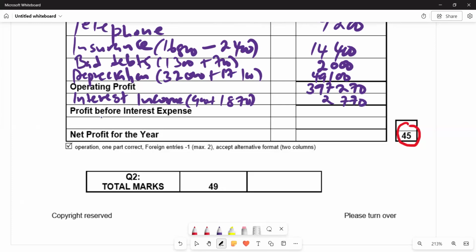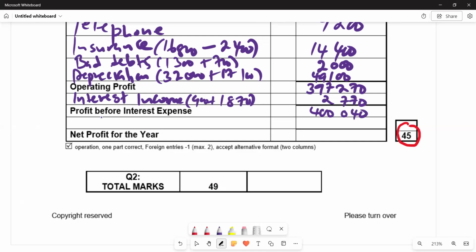And we are adding it to our operating profit to get a total of profit before interest expense, which is going to be 397,270 plus 2,770. And we get 400,040. So this is going to be profit before interest expense.